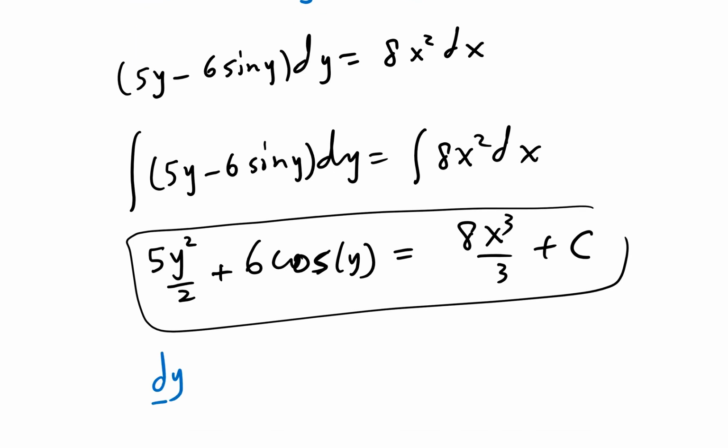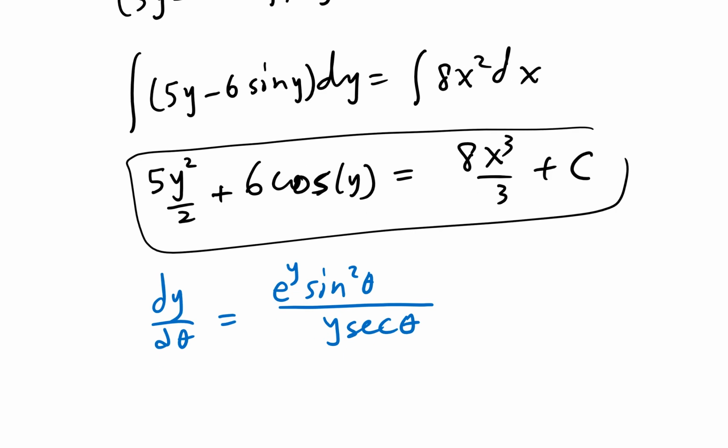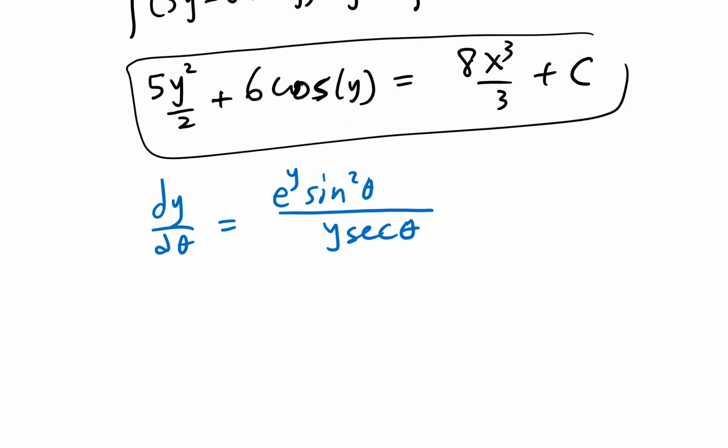How about another one? dy/d theta equals e to the y sine squared theta over y secant theta. So dy/d theta, no x, it could be theta, it could be any variable.